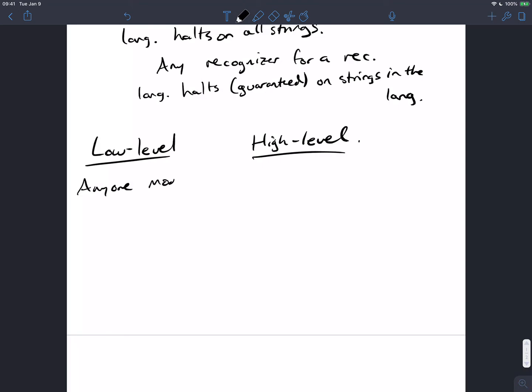Anyone moderately experienced can convert it to a state diagram.